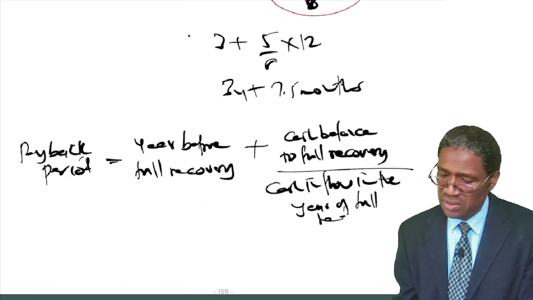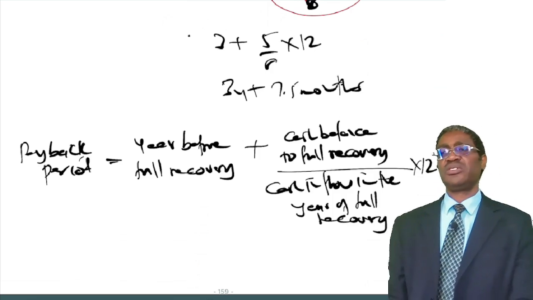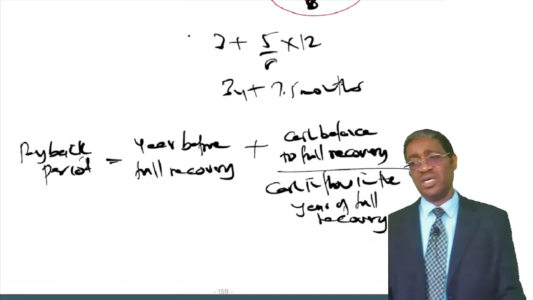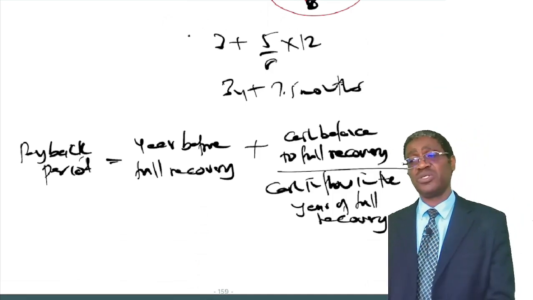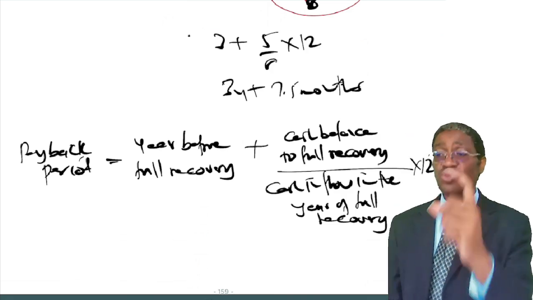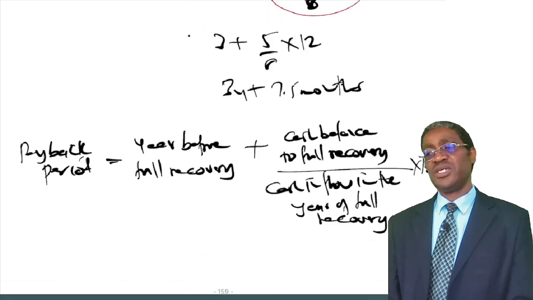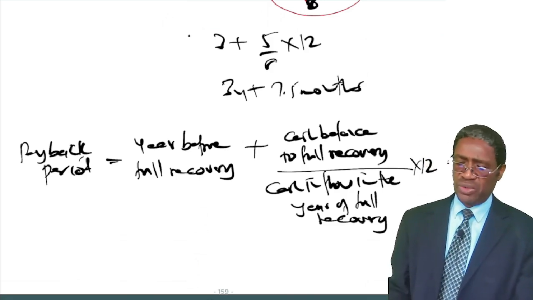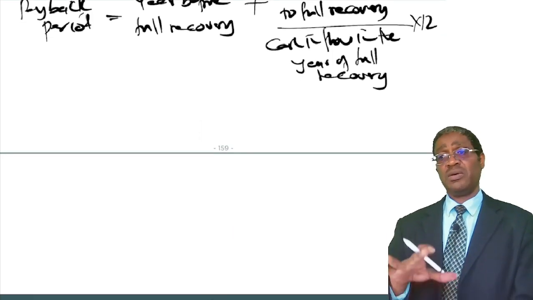Then I said you multiply everything by what? 12. That is the formula we shall be using in determining the payback period in case you have non-uniform cash inflows. Okay. Good.